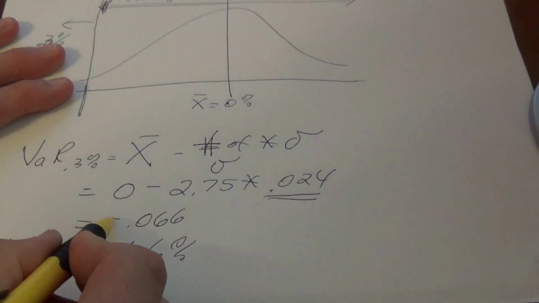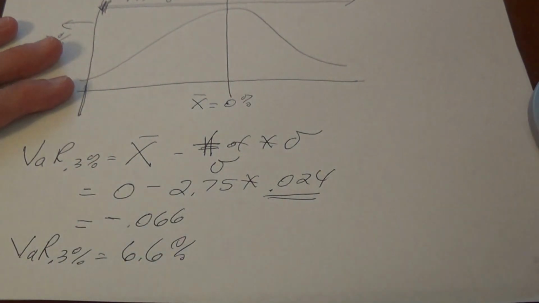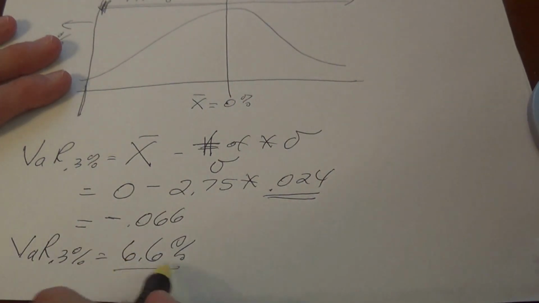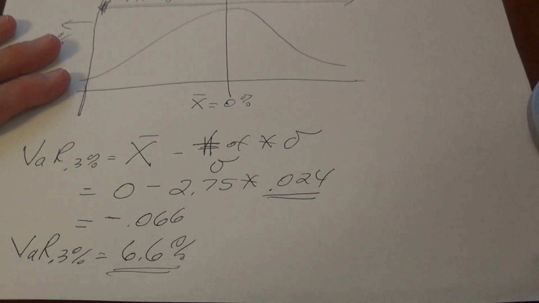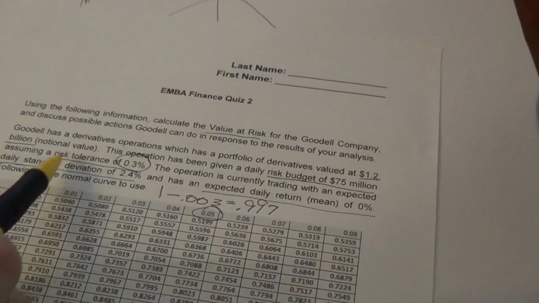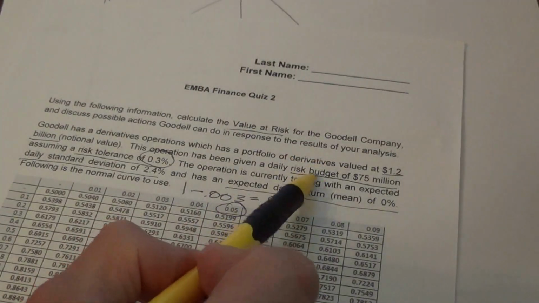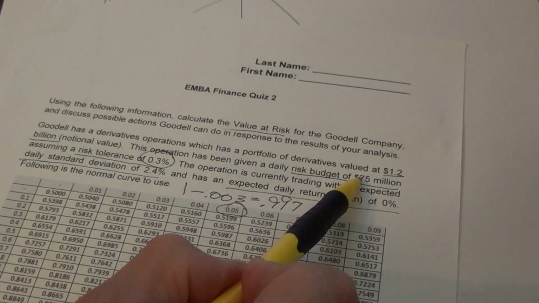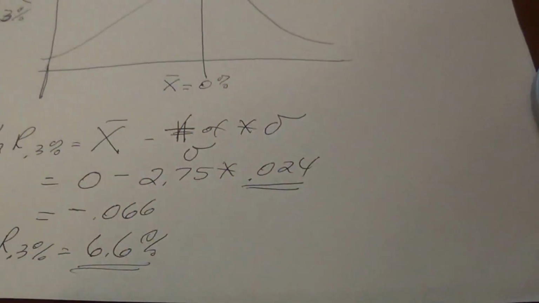Remember, we don't use the minus sign. VaR is just assumed to be a loss because by definition it's how much we can lose at a 0.3% risk tolerance. Now that's the VaR in percent, but you notice that their risk budget is given in dollars. So we need to convert this percent into dollars.